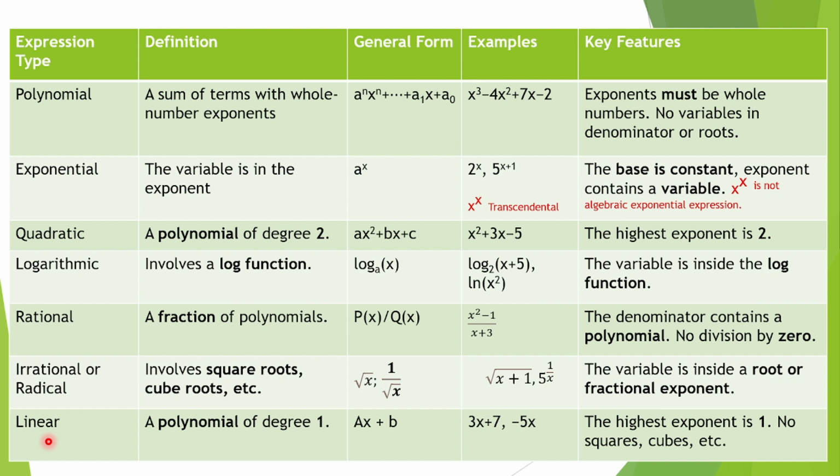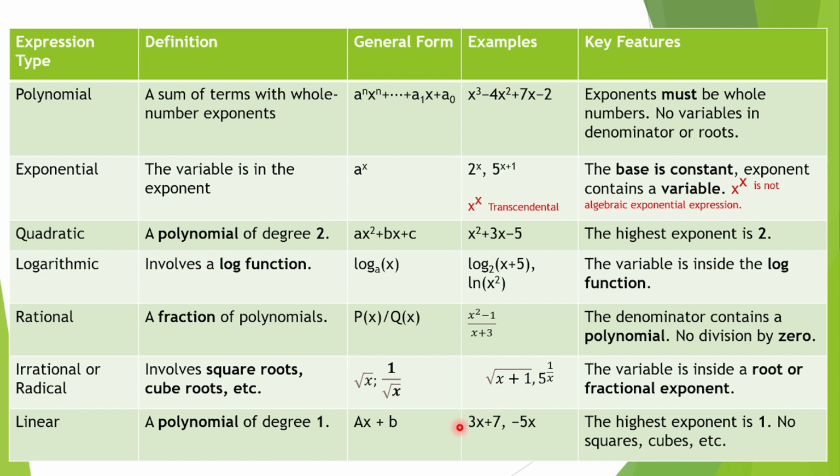And the last one is linear expression. A linear algebraic expression is a polynomial of degree 1. For example, ax plus b with one variable, and examples are 3x plus 5 and minus 5x. There can be two variables, for example, ax plus by plus c. It is also an algebraic expression and a linear algebraic expression.